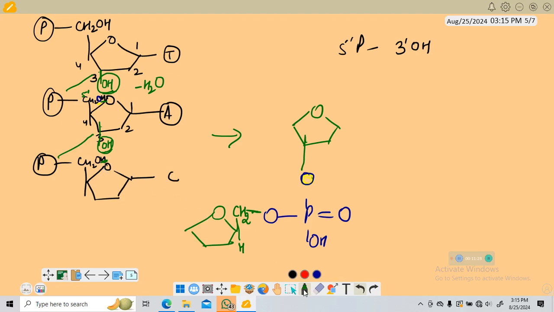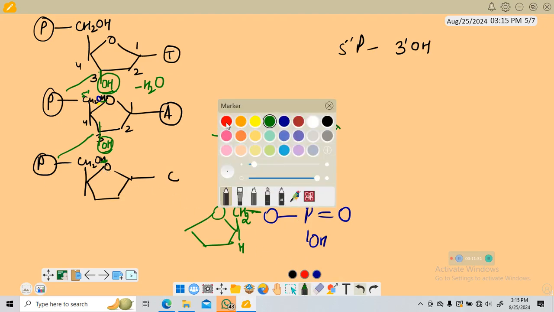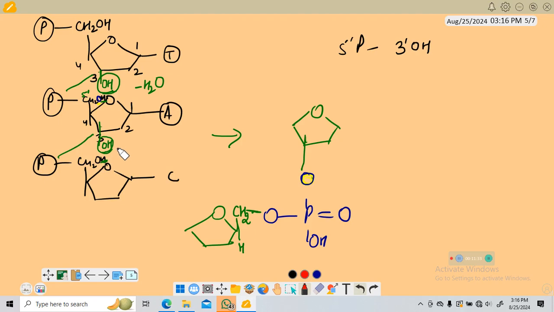Since now this OH is removed and we are left with this O. So this is how the phosphoester bond is formed, or you can say the polynucleotide chain is formed.